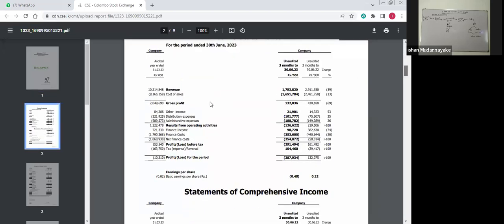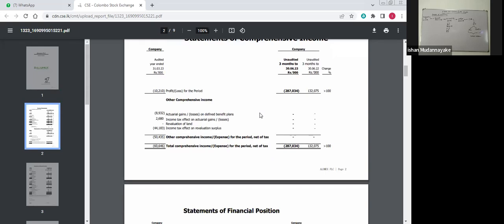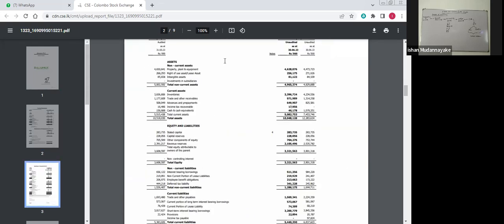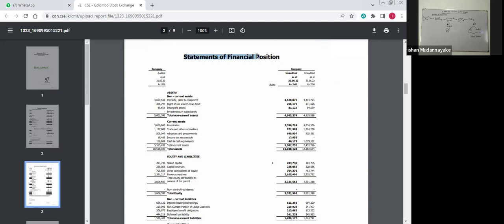Here you can see revenue, total sales. Here you can see other income, administration expenses, the statement of comprehensive income, the statement of financial position. These are 100% practical things.